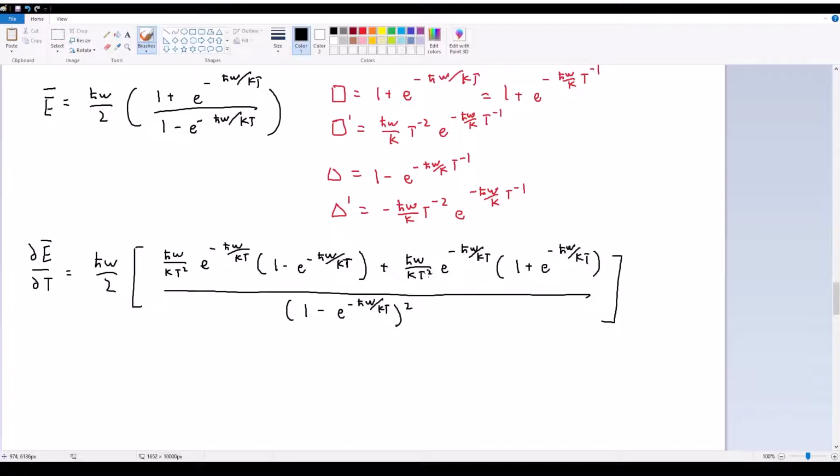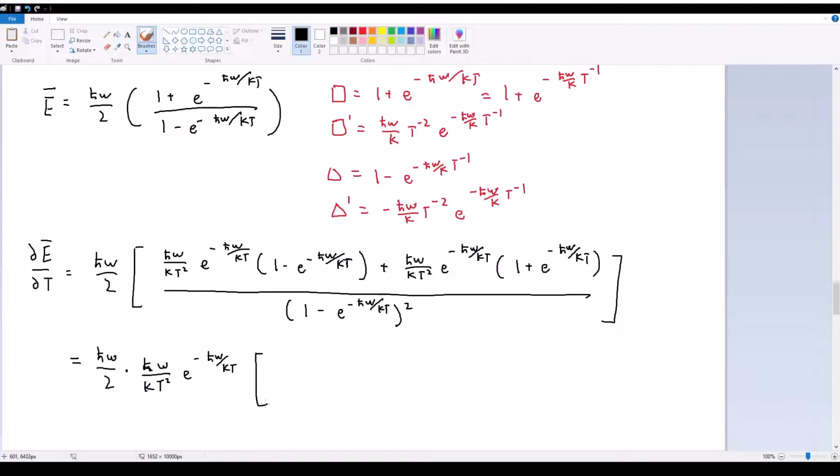Okay, now let's do a little bit of cancellation and distribution. First off, immediately I see that I can factor out this common term: h bar omega over 2 times h bar omega over kT squared times e to the negative h bar omega over kT.